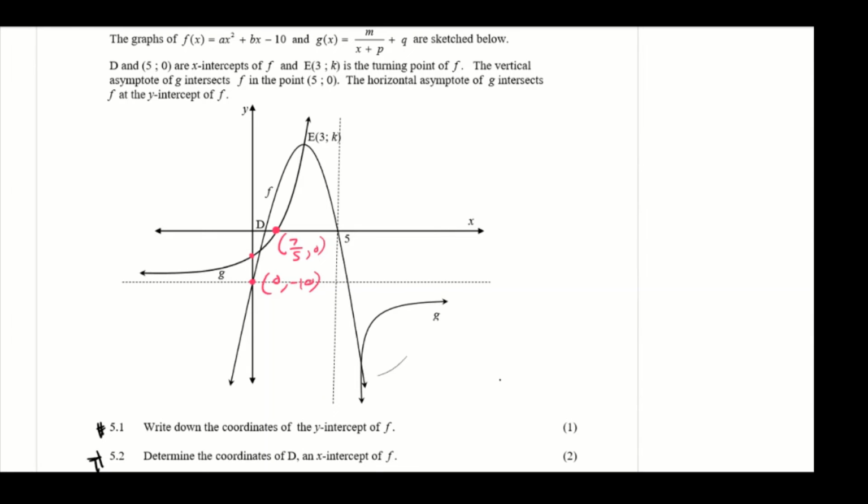So we want to find the solutions of x when f of x multiplied by g of x will give you less than or equal to 0. To identify that case, you have to look at the signs of the y values of f of x.